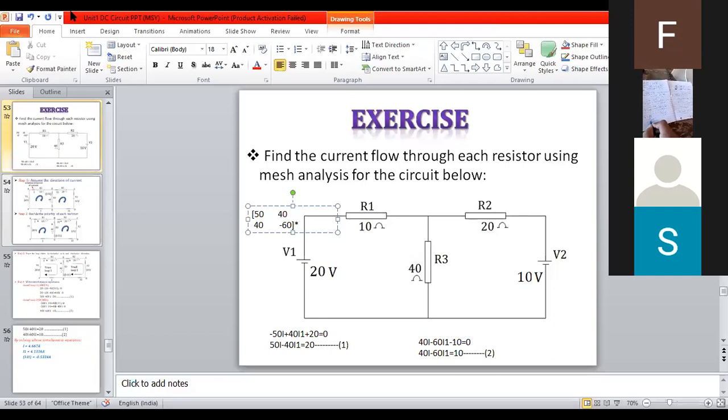So minus minus gets cancelled. 800 divided by 1400, how much is it? 0.57. Next, similarly, I1 equal to minus 300 divided by minus 1400. Minus minus gets cancelled. 300 divided by 1400 is 0.214.